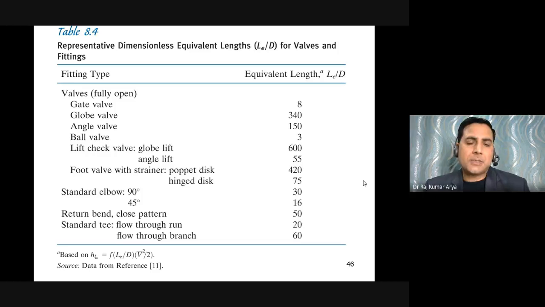Hume pipe is also one, a concrete one. Metallic ones are also made by rolling the sheet, so you are doing a welding there. Whatever additional thing you add to a single piece of pipe or sheet will give some loss. So that is one thing, that you make a pipe.